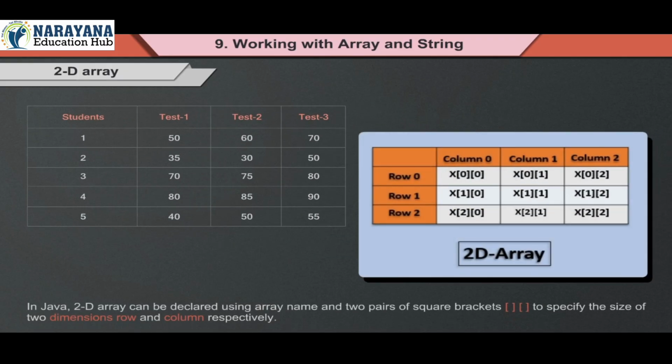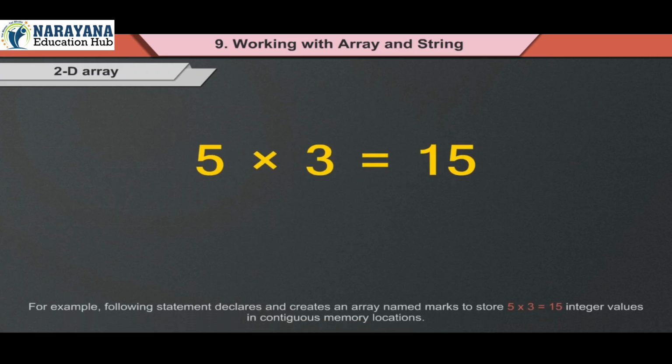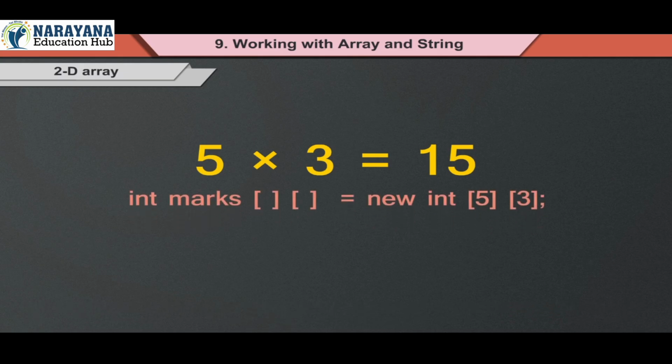In Java, a 2D array can be declared using an array name and 2 pairs of square brackets to specify the size of 2 dimensions, row and column respectively. For example, the following statement declares and creates an array named marks to store 5 x 3 = 15 integer values in contiguous memory locations.